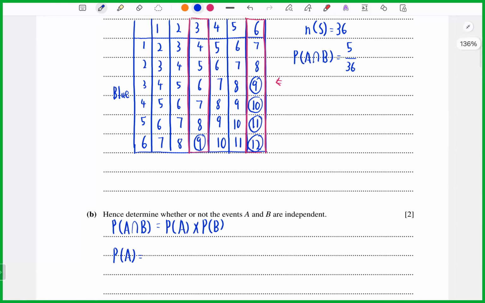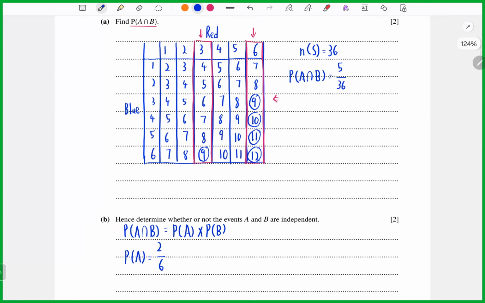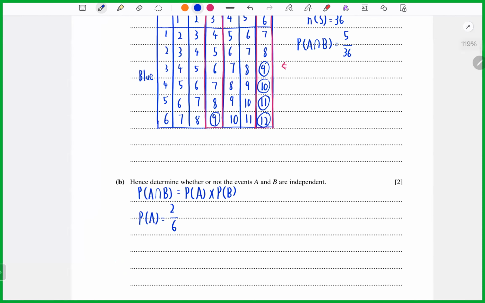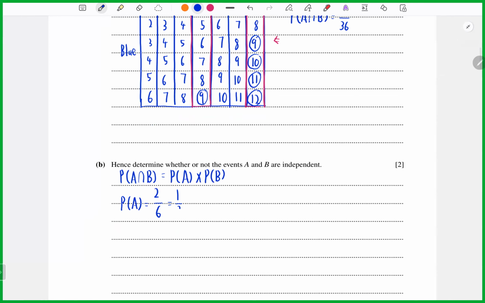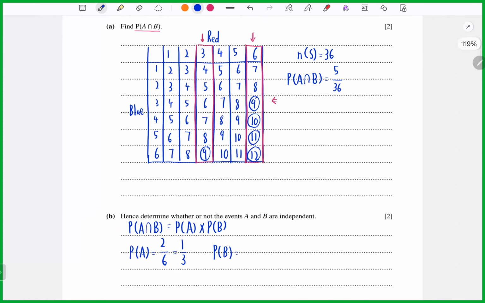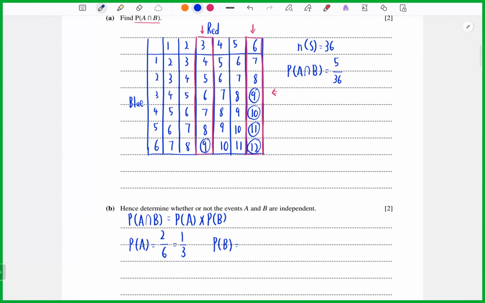You can see 2 over 6. Why is it 2 over 6? Because a die has 6 numbers, and we just choose 2 numbers only. So 2 over 6 simplifies to 1 over 3. And then let's see P(B), which is 5 over 36.